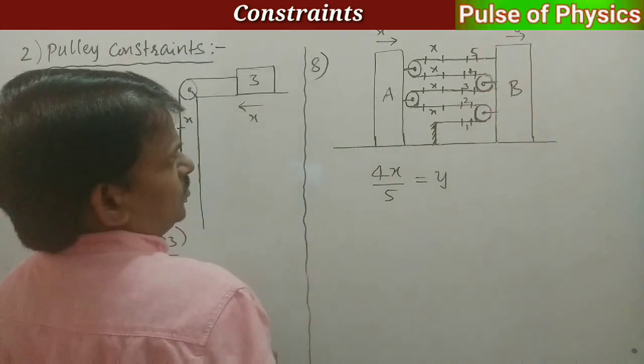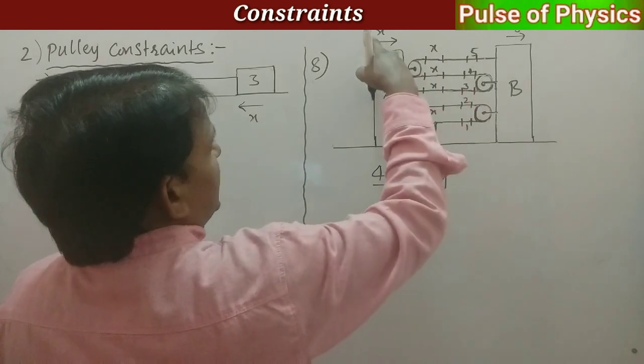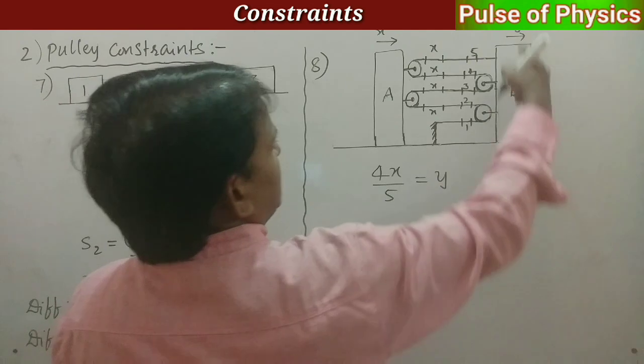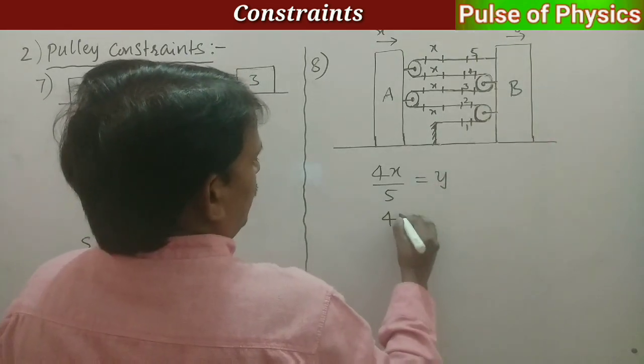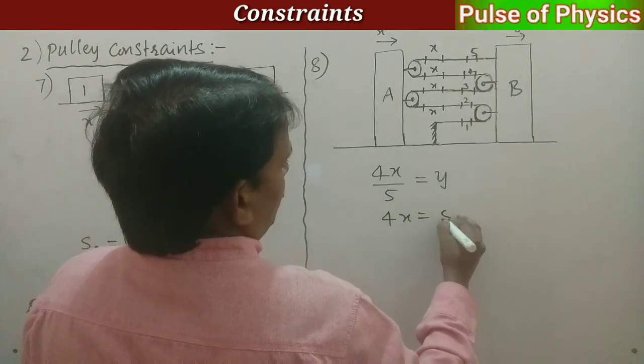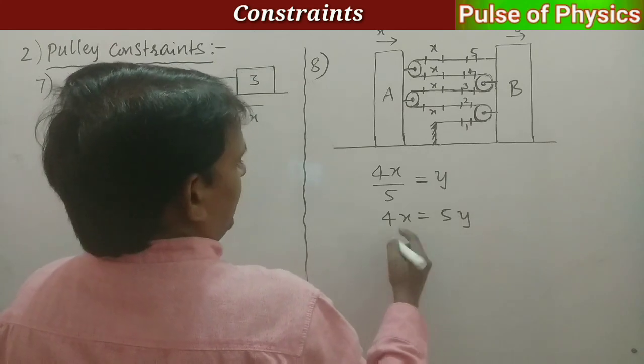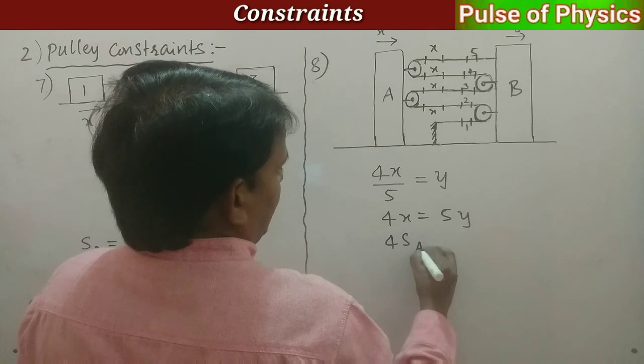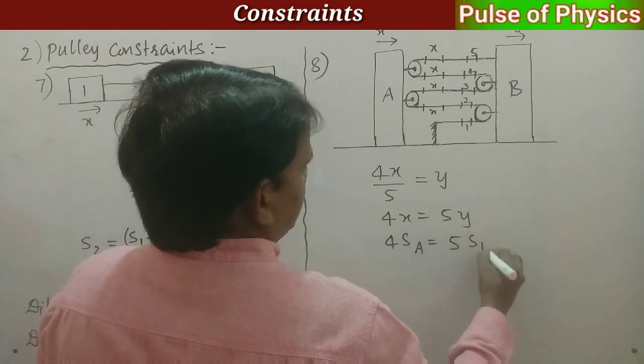Y distance. Here x is the displacement of block A, y is the displacement of block B. 4x is equal to 5y. Then here 4 into S1, that is SA, is equal to 5 into SB.